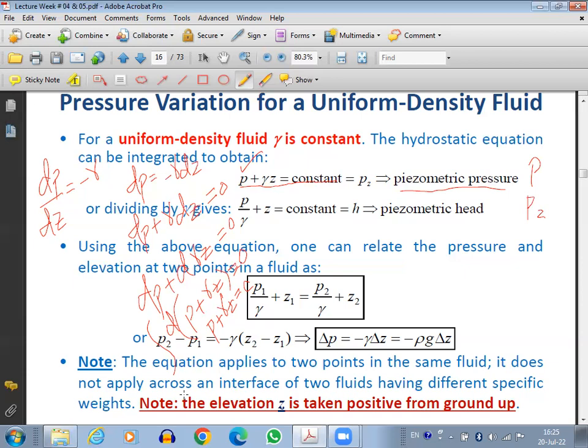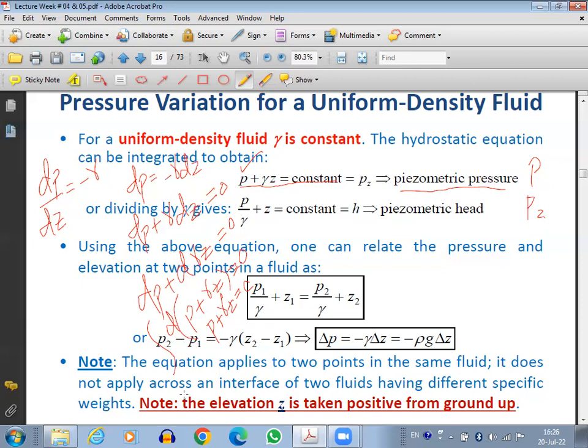Kinetic energy, potential energy. Potential energy, what's the formula of it? mgh, right? So this is basically the potential energy due to elevation. So we have a hydrostatic pressure, meaning the pressure of a fluid in itself. Then if that fluid is at a certain elevation, there will be potential because of its height as well.